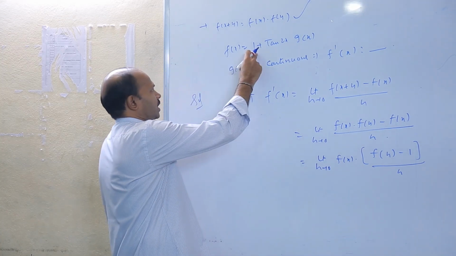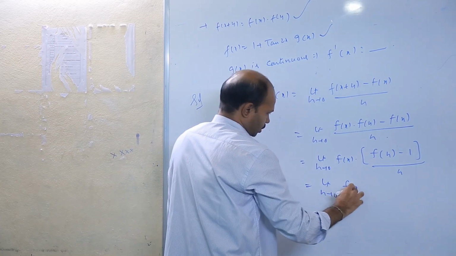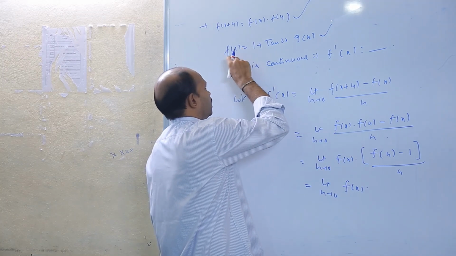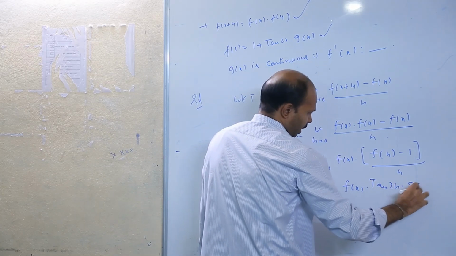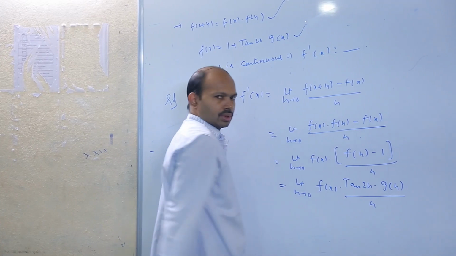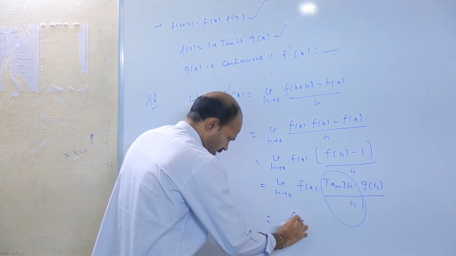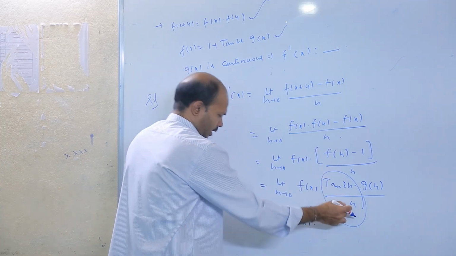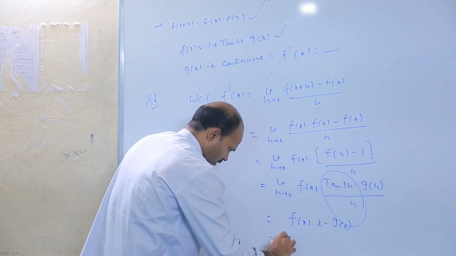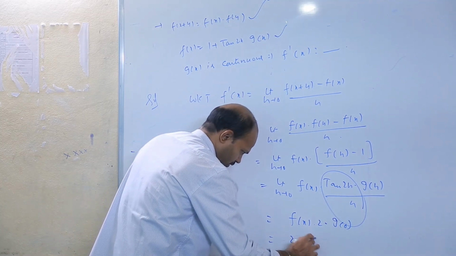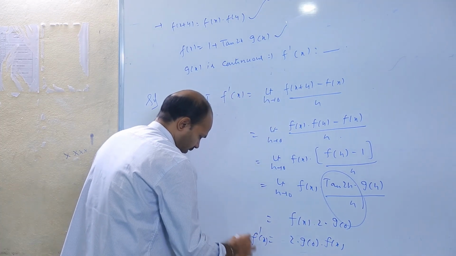What is the value of f of h minus 1 from this data? Limit h tends to 0, this is f of x, f of h minus 1 is tan 2h into g of h by h. What is the value of tan a theta by theta? This is f of x. Operate the limits. Tan a theta by theta is a, and g of 0. Your answer is 2 into g of 0 into f of x. That is the value of f dash of x.